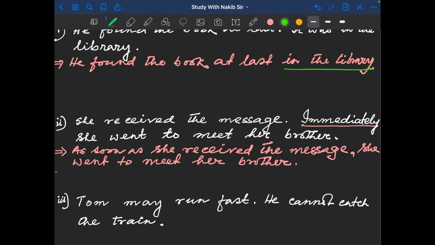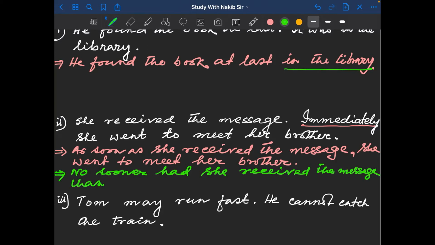Okay. And you can combine these two sentences in another way by using no sooner. No sooner had she received the message than she went to meet her brother.